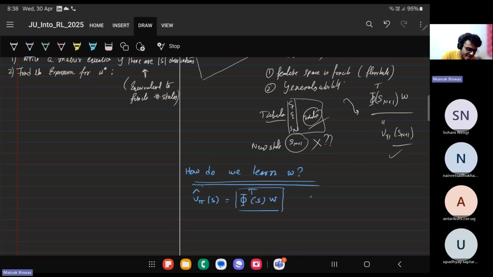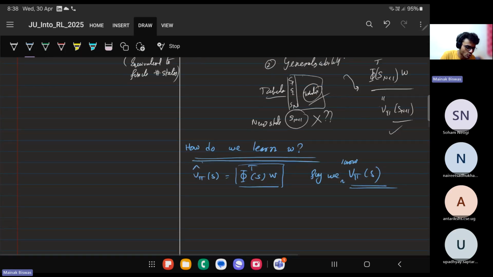What I want to do is say we know, we don't know actually. We'll see how we learn it in the next class and we'll see a method today as well. But say we know V pi of S. Today we'll assume that we know V pi of S. If for all S I have an oracle to tell me V pi of S, then how can I learn this?